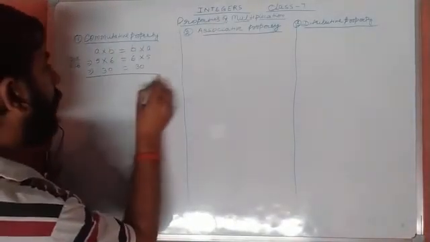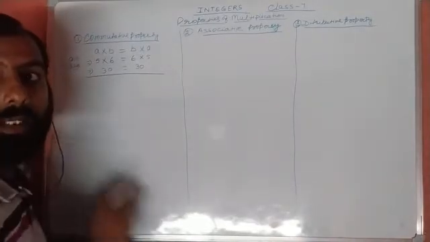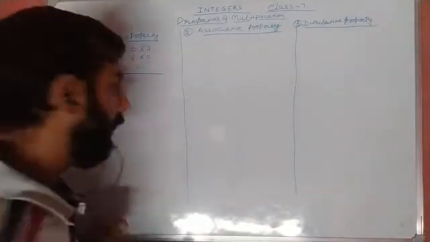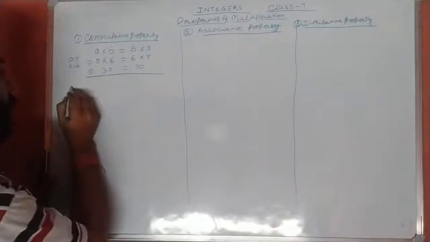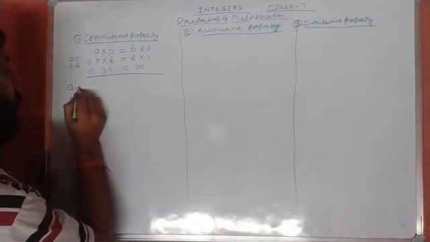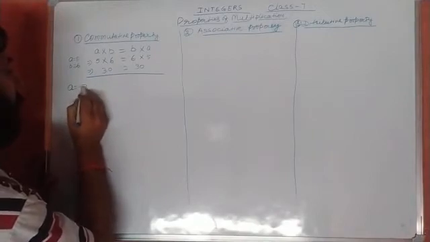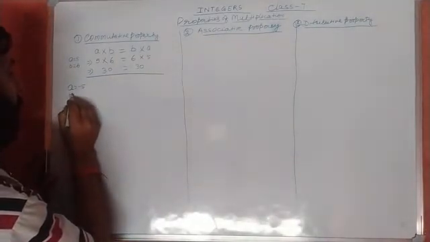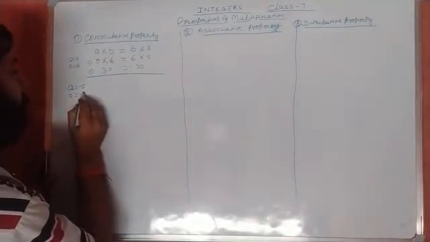Now these were all positive integers. Now I am taking some negative integers. Suppose A is minus 5 and B is plus 6.